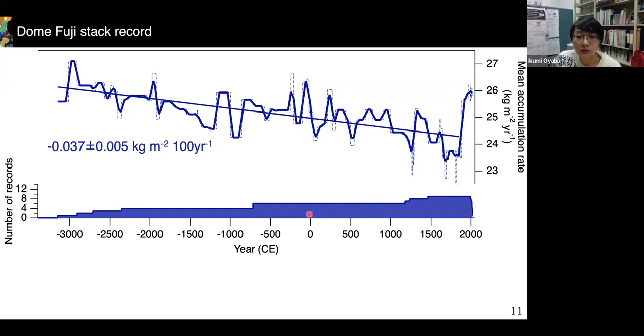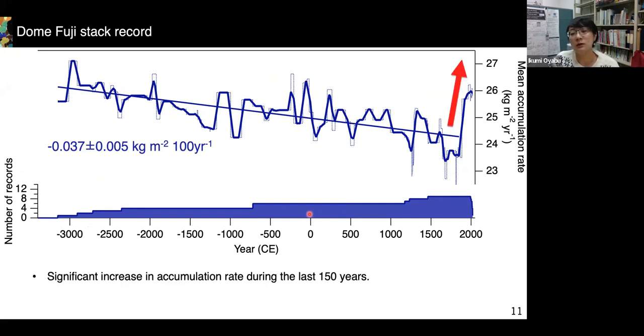One is that the magnitude of the increase in accumulation rate during the last 150 years is the greatest in the last 5 kiloyears. This may be due to the combination of the anthropogenic greenhouse gas increase and stratospheric ozone depletion, as previous studies suggested, and the very low accumulation in the 18th to 19th century.